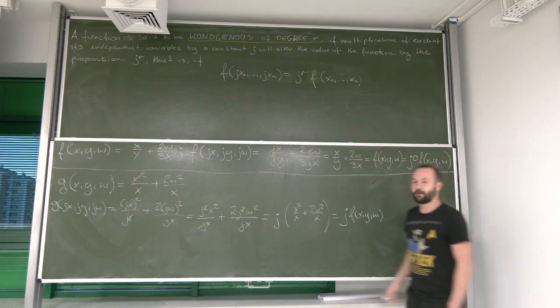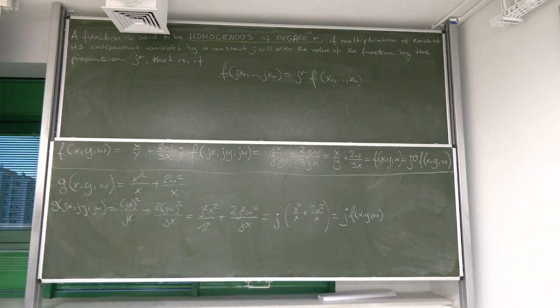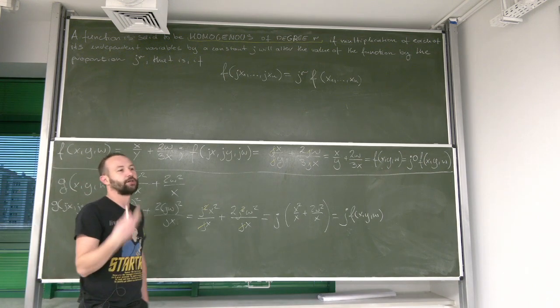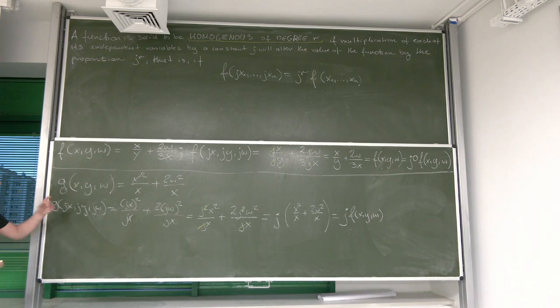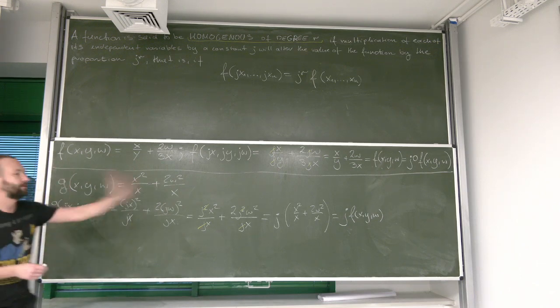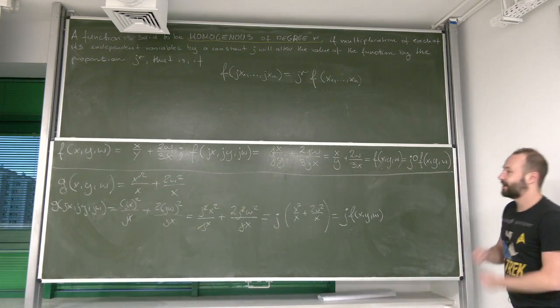This is something you hear in economics very often. This is a type of function that exhibits constant returns to scale. If I double the capital, double the labor, and double the land, I will double the level of production my company is making.